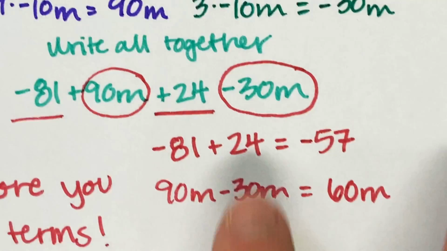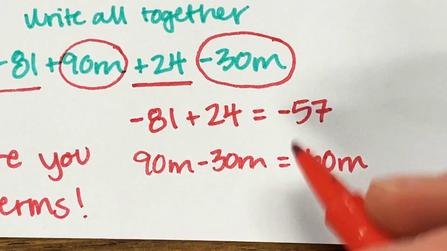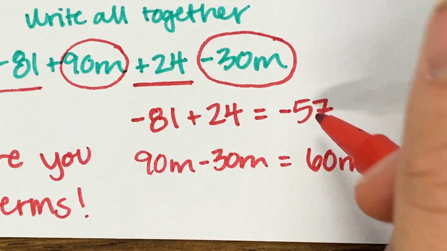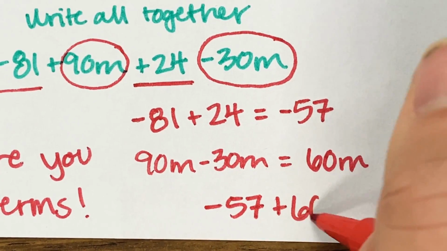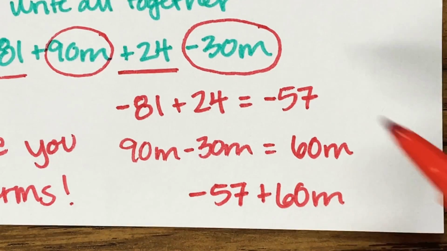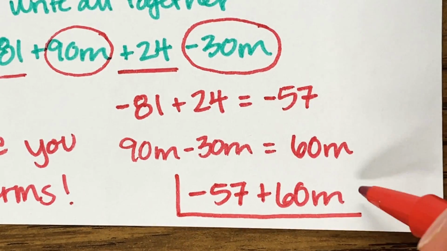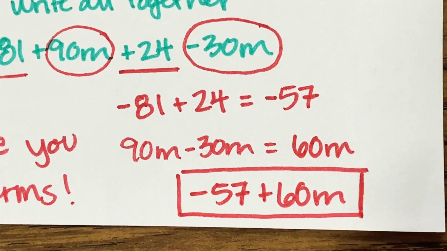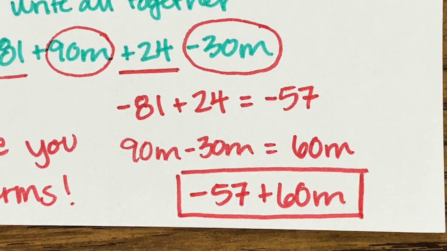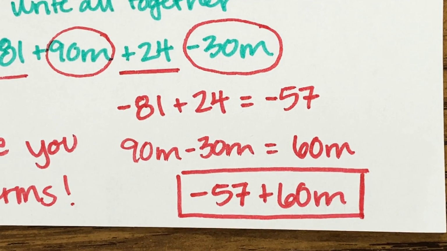Okay, and since we already combined like terms, all we have to do is just rewrite them together. So negative 57 plus 60m is our final simplified expression. Okay, they are not like terms, right? One has an m, the other does not, so we know we are all the way simplified.